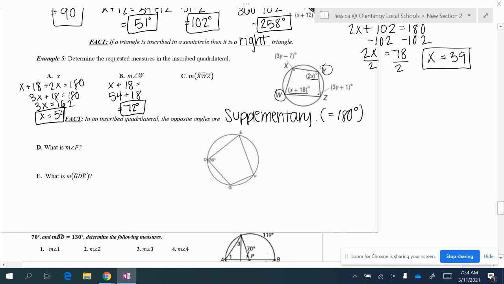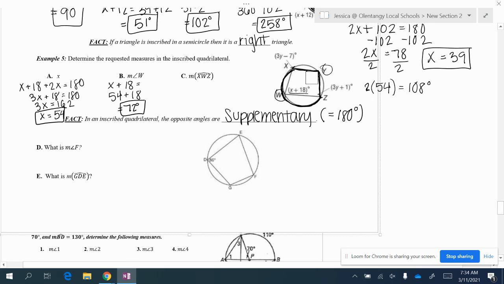And then to find the measure of arc XWZ, start at X, go to W, end at Z. The inscribed angle is this angle right here of 2X. So 2 times our X, which is 54, is 108 degrees.